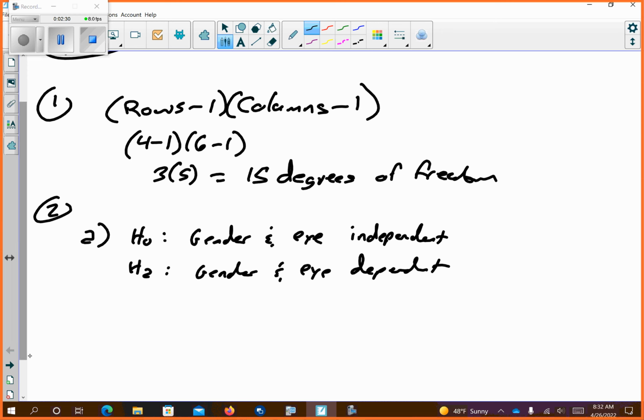And then 2B says create the table showing observed, expected, and chi-squared values.